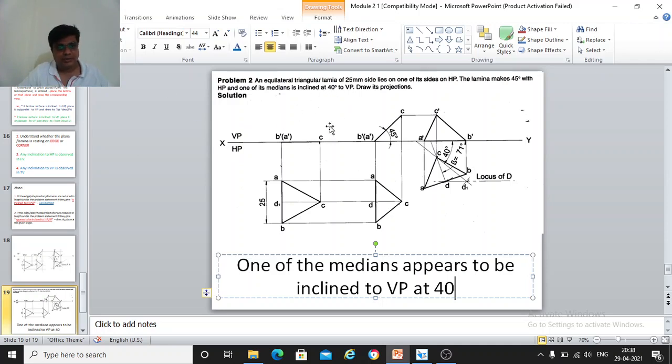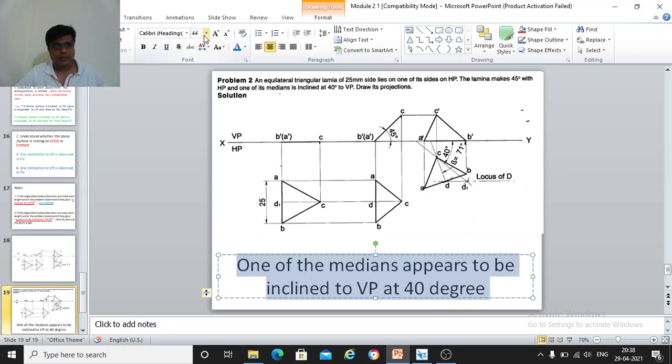Only this sentence I have changed here. Anyway, take it as 40 degrees. I don't have time to put the degree symbol here, so I am writing the word degree. Anyway, in this problem I am making this change.